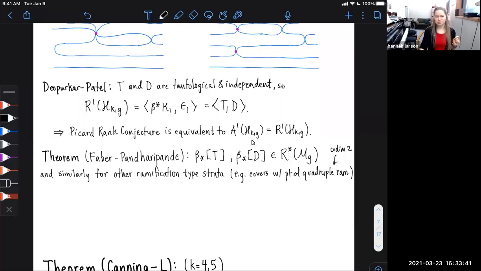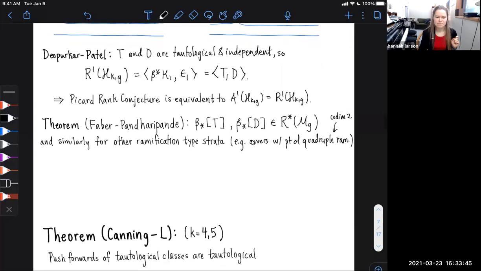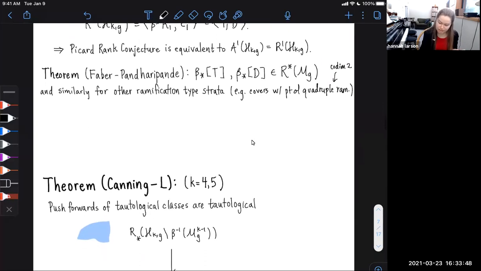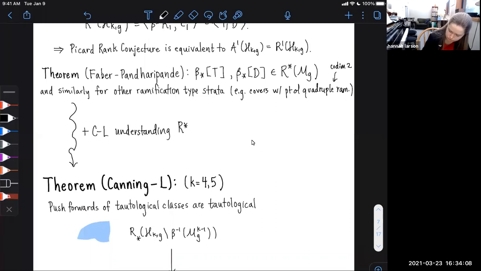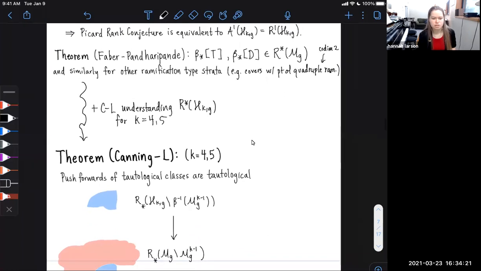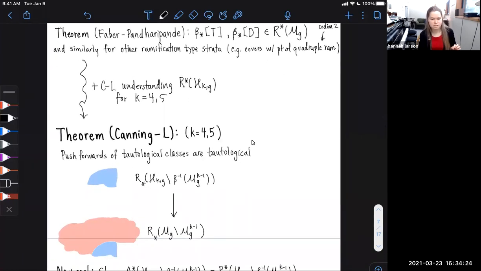Yeah, so that's actually a great lead-in to the result I want to state next, which is that using this theorem of Faber and Pandharipande, together with quite a bit of work understanding the tautological ring of H_{K,G} for K equal to 4 or 5, Sam and I proved that the push forwards of tautological classes on the Hurwitz space are tautological on M_G.